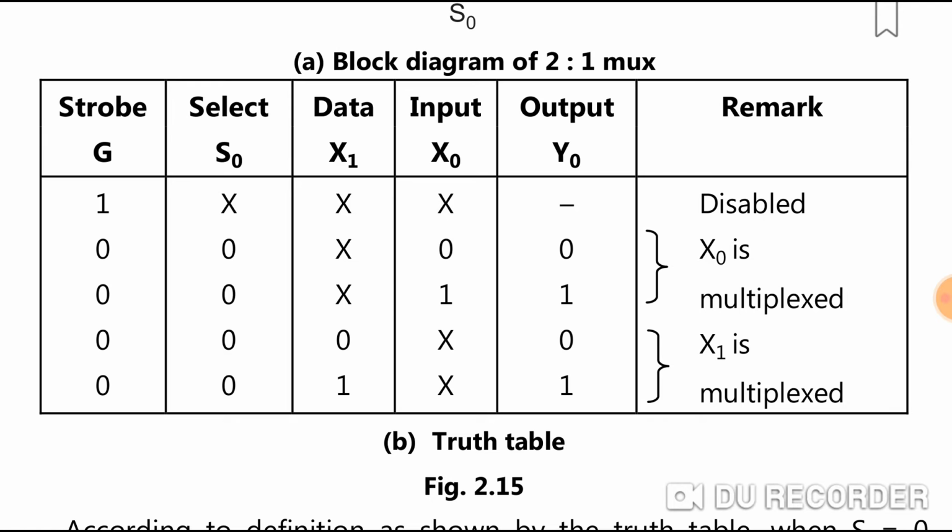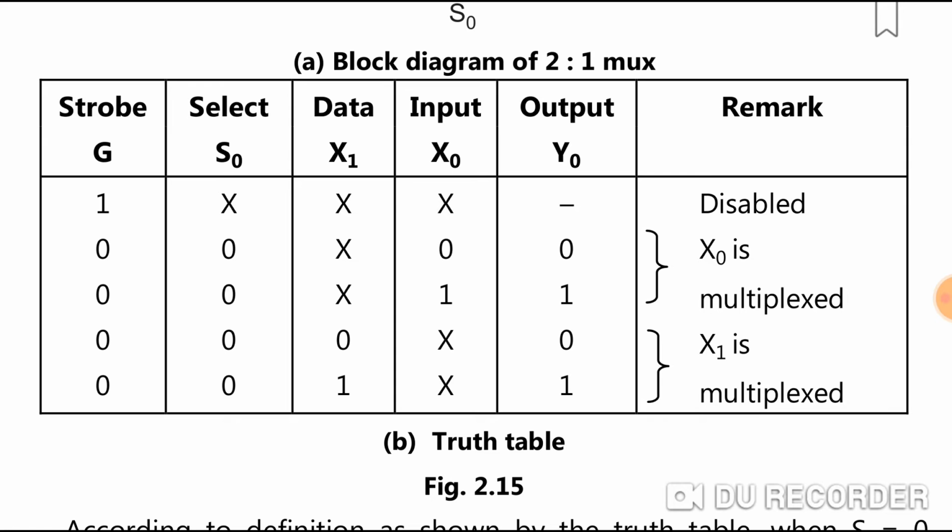So when G is 0, S0 is 0, data is don't care, input is 1, output is 1. Don't care means it may be 0 or it may be 1, it doesn't affect. So when G is 0, S0 is 1, data is 0, input is don't care, output is 0. So X1 is multiplexed here. In the previous case X0 is multiplexed.